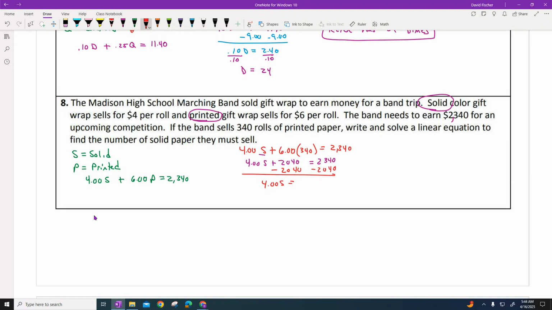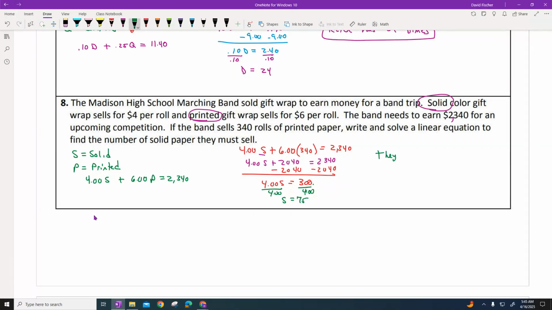I'm getting 300 there. So then hopefully you divide it by $4. Again, the decimal's right there in 300 if you're not sure. And I got S equals 75. So 75 solid rolls. So that's what they need to sell.